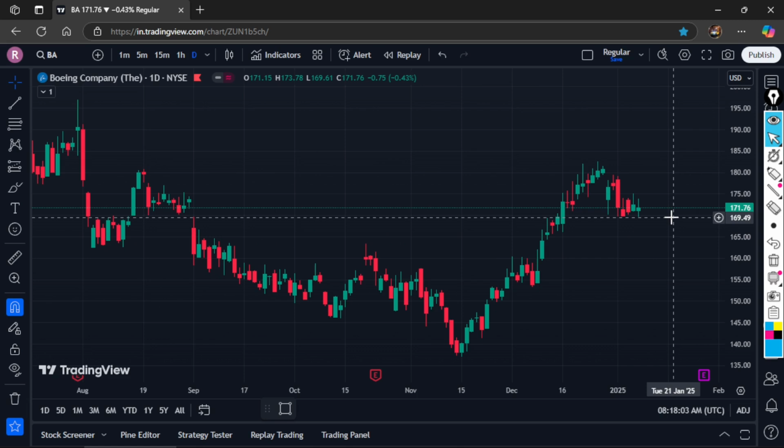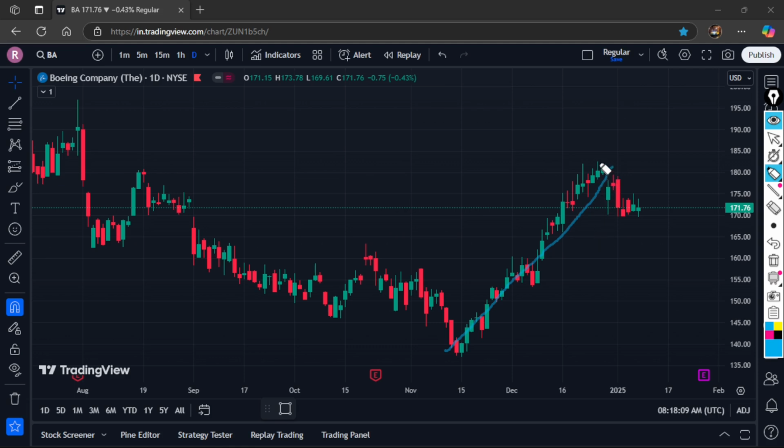Here in BA, you can see that after this amount of buying pressure, a little bit of retracement has just come. If it opens gap up and tries to go upside, then we can plan to buy here.